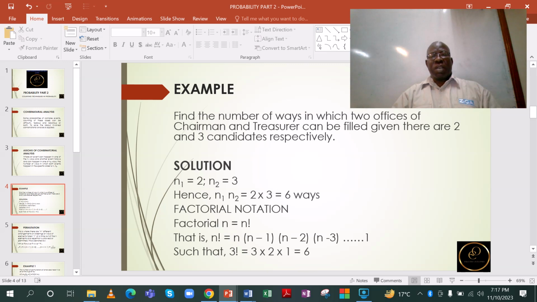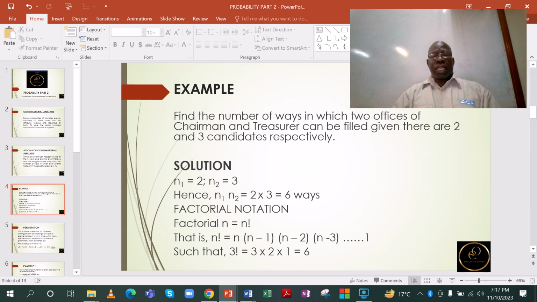So n1 is equal to 2, n2 is equal to 3. Hence, n1 followed by n2 is n1 times n2, which is 2 times 3, which is 6 ways. So that's how we analyze this type of situation.